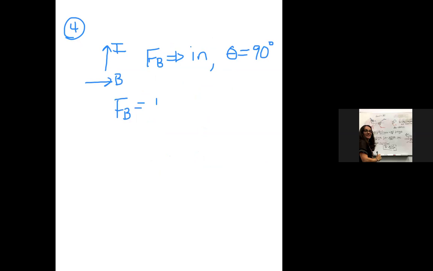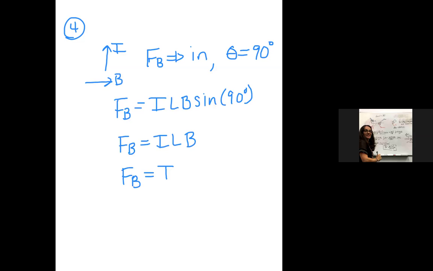F of B is I times L times B times the sine of 90. And so this gives me ILB, but again, that L was given in this drawing as A, and in this case, it's in. So what I get is a force on each of those of IAB.